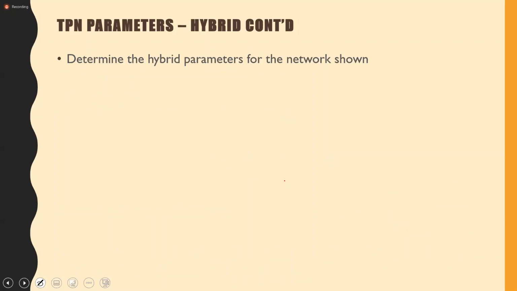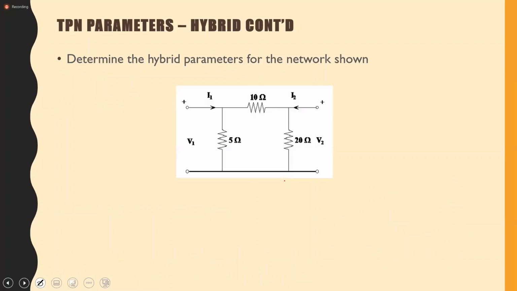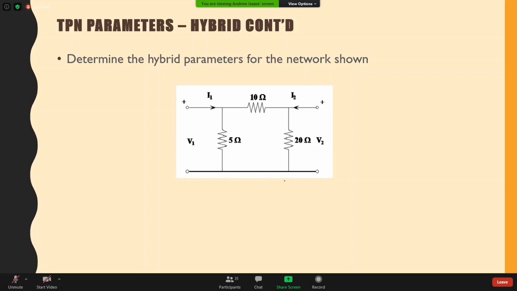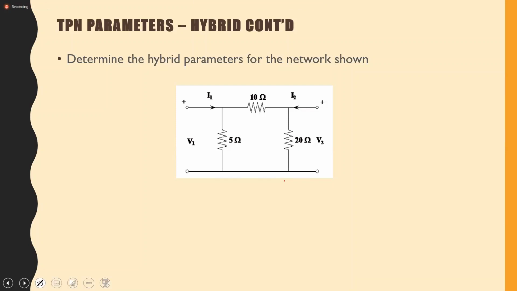So as before, we go to our trusty network. All right, same network we had before. And there's a reason I'm continuing to find the parameters for this network. All right, all will be revealed.